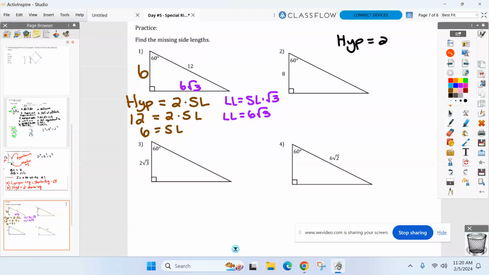Because it's 2 times the shorter leg. So the hypotenuse here, 2 times 8, 16. You could have found the longer leg first if you wanted to. Shorter leg times the square root of 3. So 8 radical 3, or Pythag if you forget.